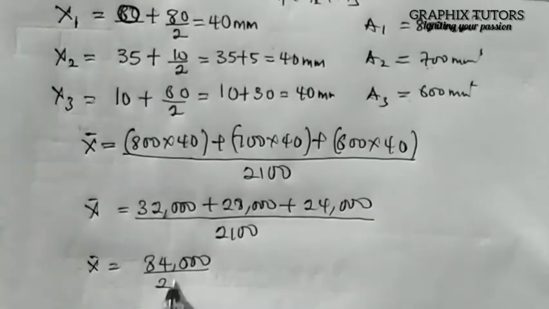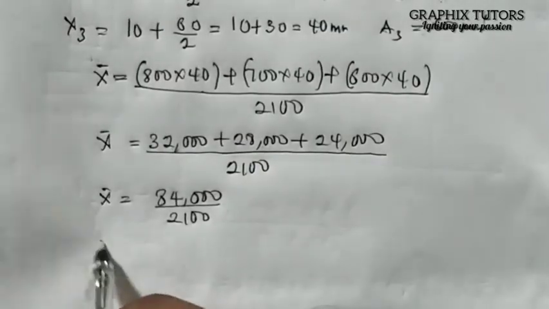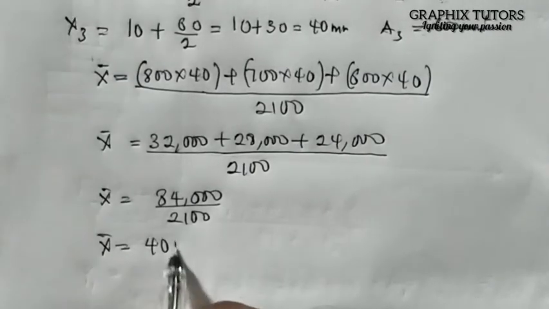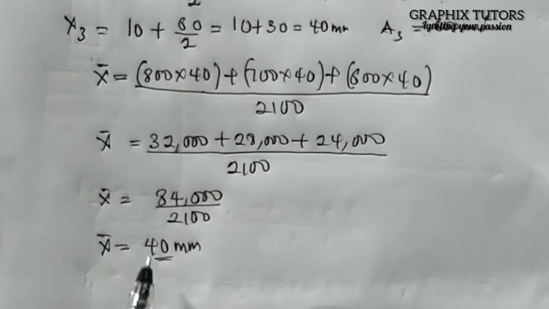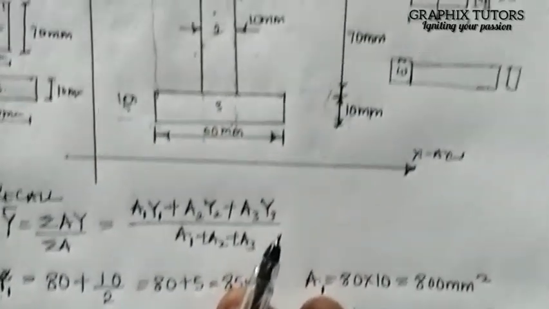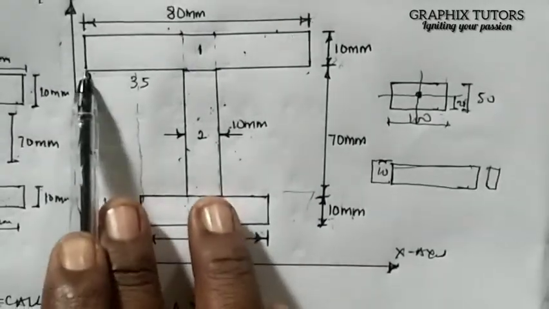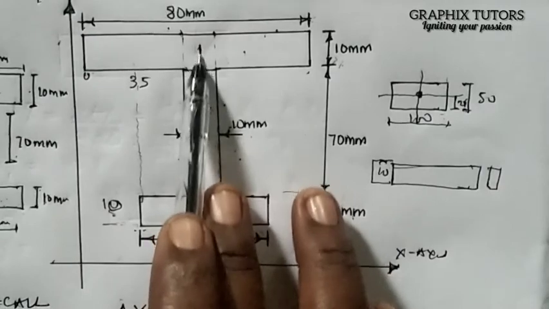Everything over 2,100. So my x bar will now be equal to 40 millimeter. So this is the distance along the x-axis of the center of gravity of this figure, from here to 40, right?